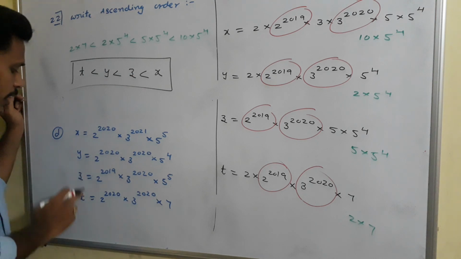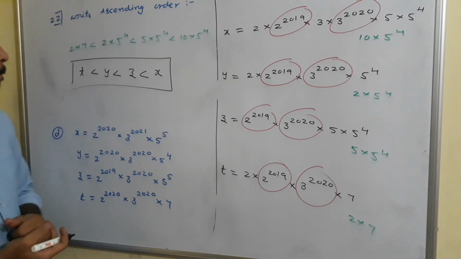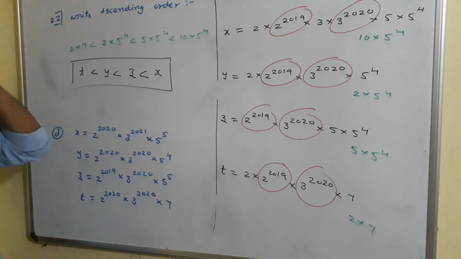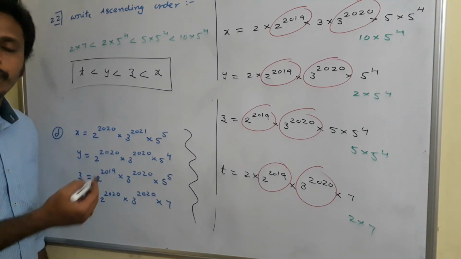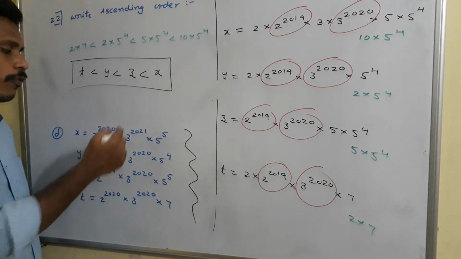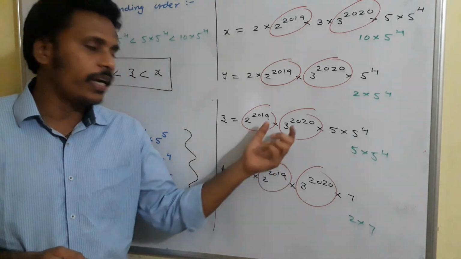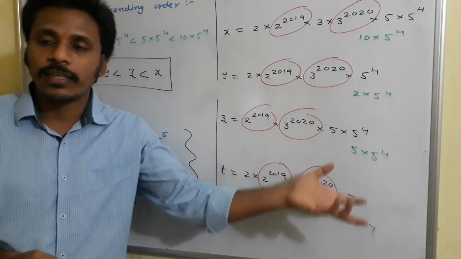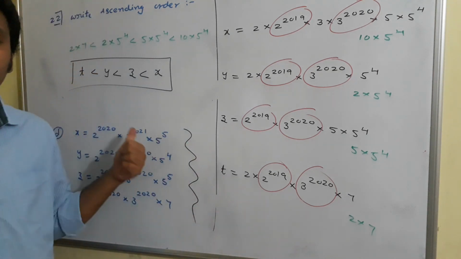Among these, t is the smallest, x is the greatest, and y, z are in between. For these type of problems, whether you write ascending or descending order, first neglect the equal quantities, then compare the unequal quantities, and it gives you the order.